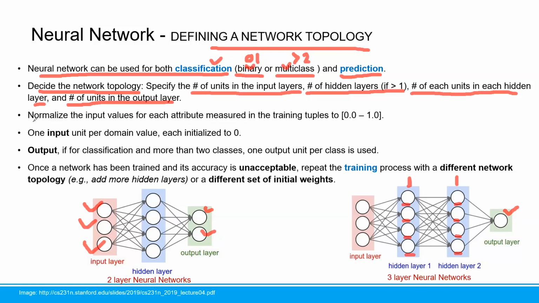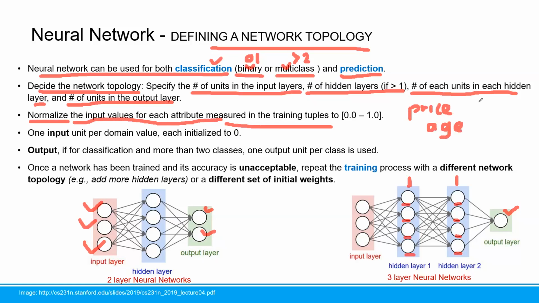The other thing that we need to understand is the normalization. Normalize the input values for each attribute measured in the training tuples. Because we do not know the numbers, maybe the numbers can be related to price, and you may have another variable, for example, age.